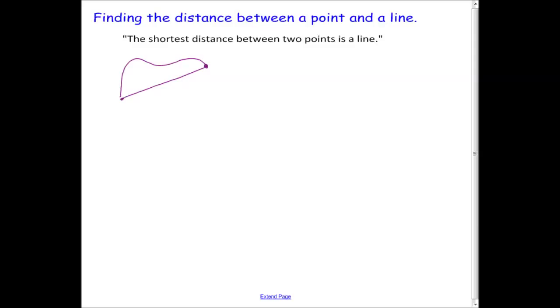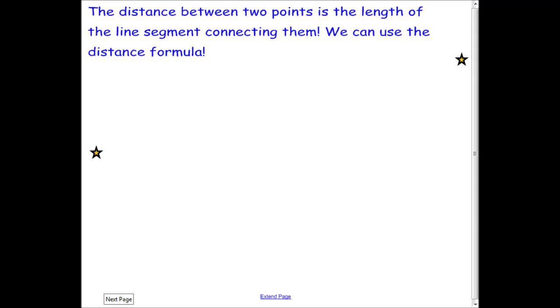So, starting there, how can we go about finding the distance between 2 points? Well, you've been through that already. The distance between 2 points is the length of the line segment that connects them. Well, just what we said. There's our line segment.